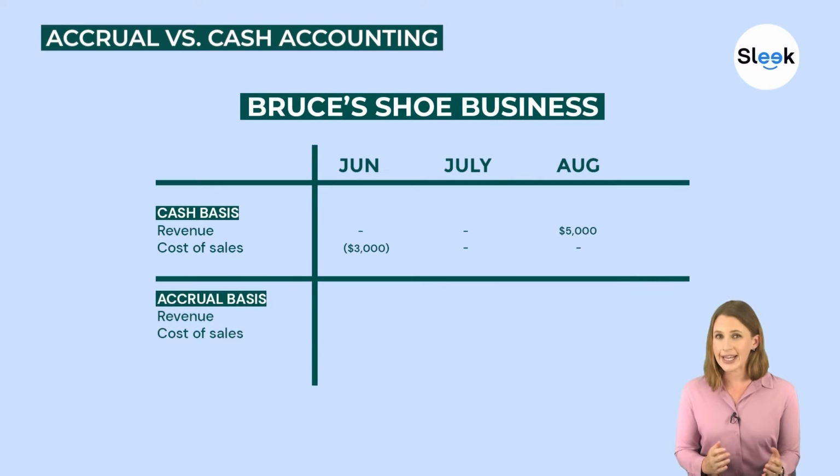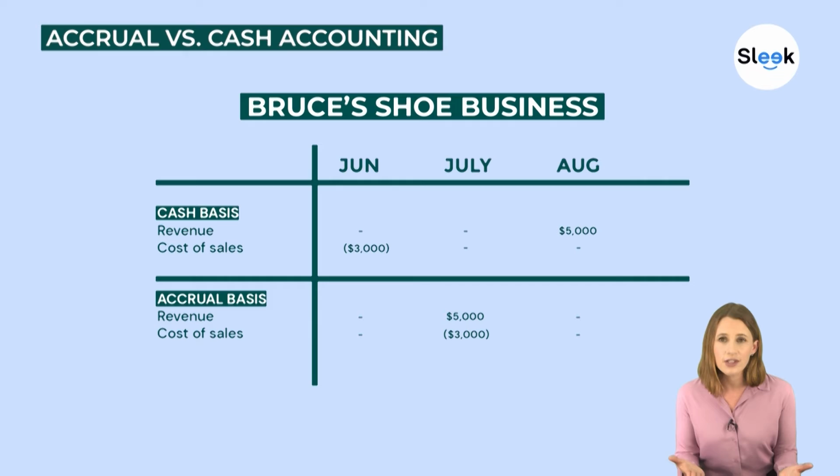Under accrual accounting, the revenue will be recognized in July because that's when the goods were physically delivered or the revenue was earned. The cost to make the shoes is only incurred when those shoes have earned revenue for the business, so the cost will be recorded in July too.